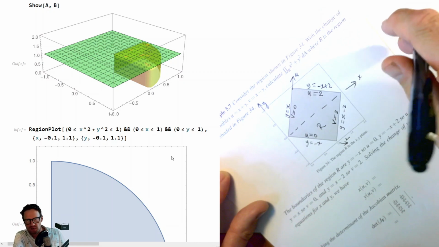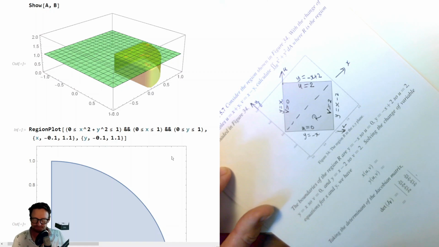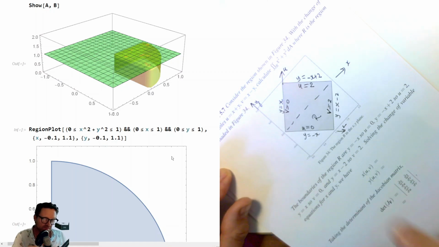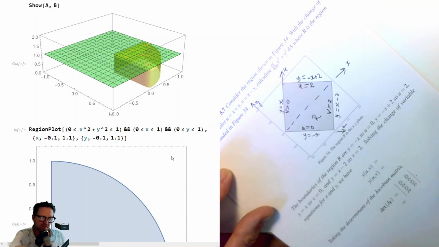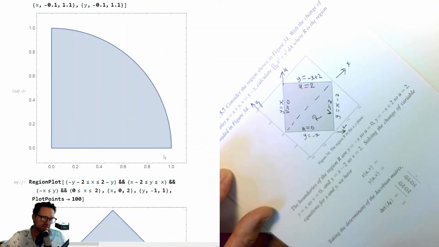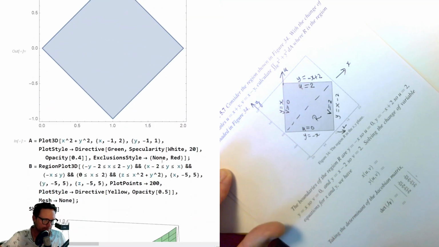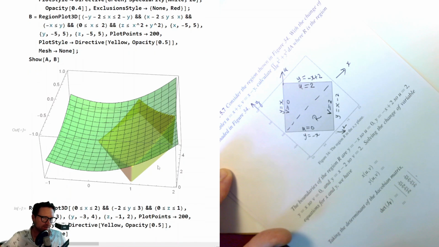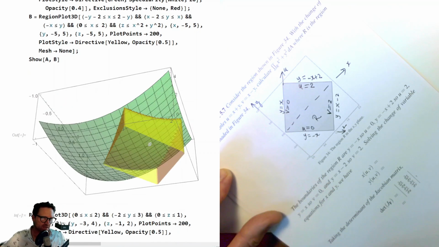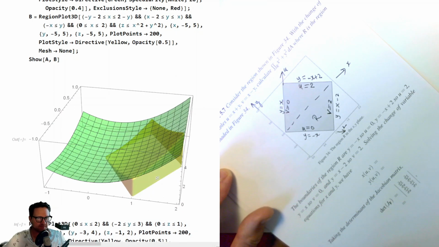Okay, and so in this frame of reference, it's probably easier to calculate the volume under this surface z equals x squared plus y squared. So I think I've probably got a plot of this. Let's have a look. Here's the diamond-shaped region. And then here is the volume under that surface, x squared plus y squared, within that diamond-shaped region.